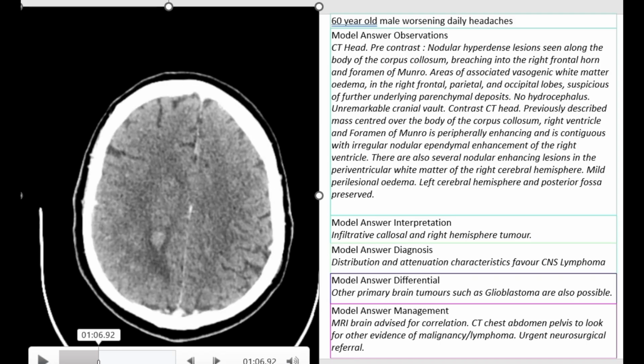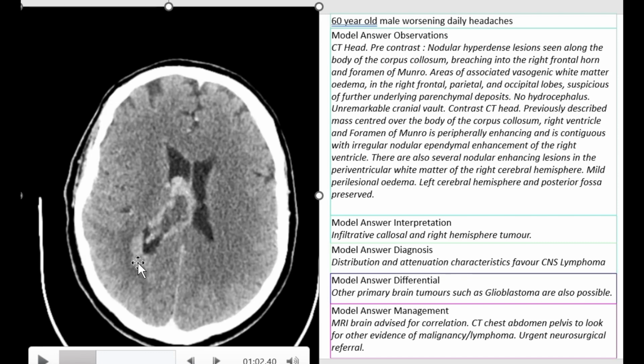There are further enhancing lesions seen in the previously described white matter areas of vasogenic edema. And these enhancing lesions couldn't be detected on the pre-contrast CT scan.